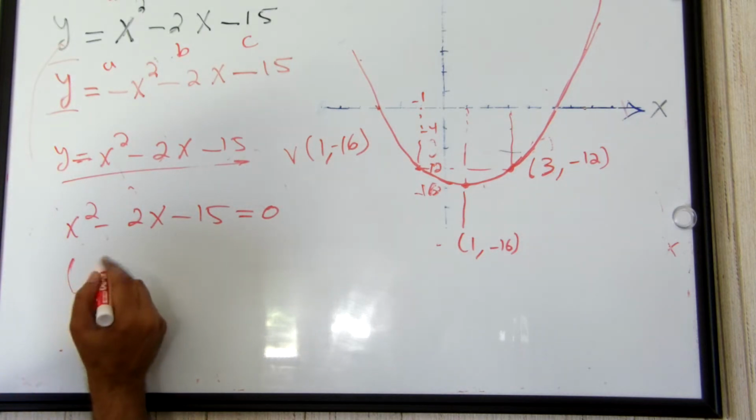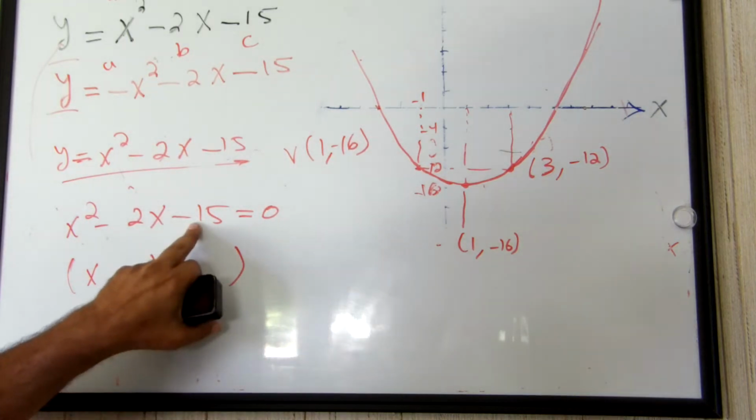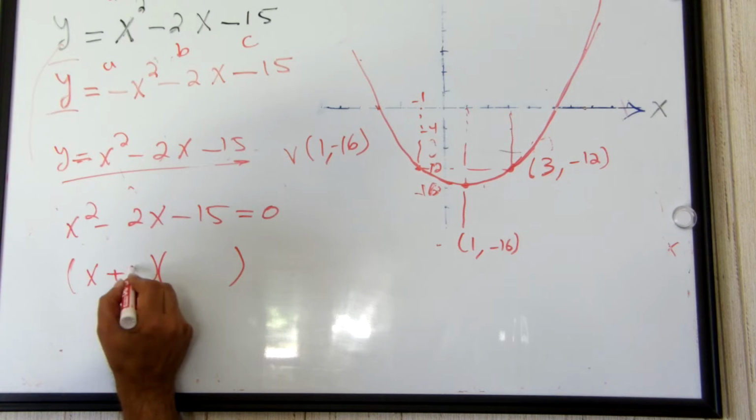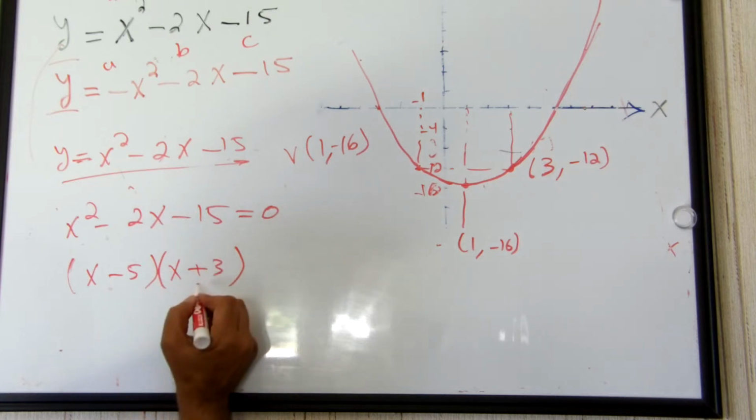So by factoring, we ask what two numbers multiply to minus 15 and add up to minus 2. It's going to be minus 5 and plus 3. If you multiply, it's minus 15.